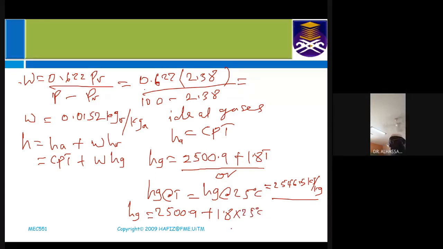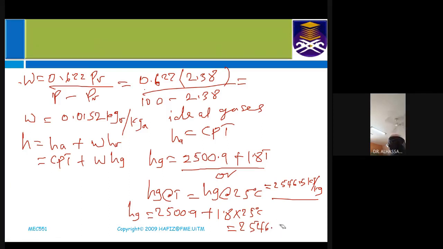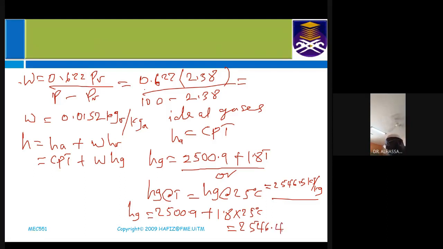If you calculate this, you get Hg equals 2546.4 kilojoules per kilogram.